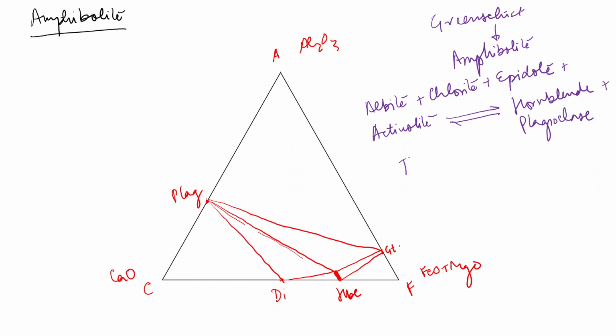Temperature approximately 550 degrees Celsius, pressure approximately 2 kilobar. So this is how the variation occurs.